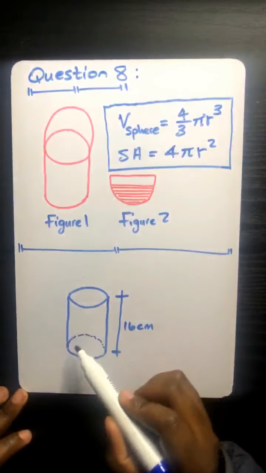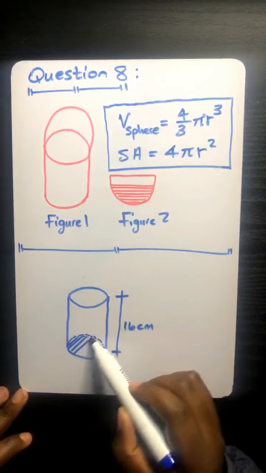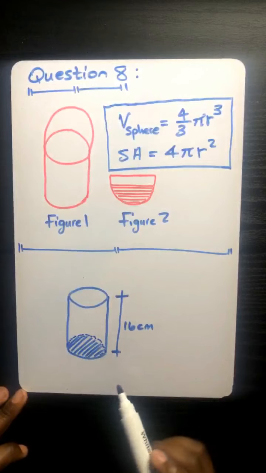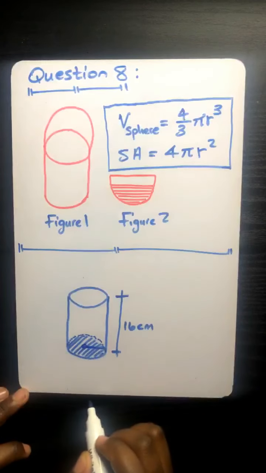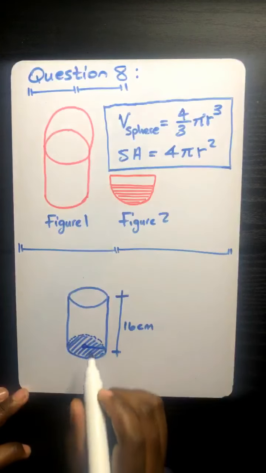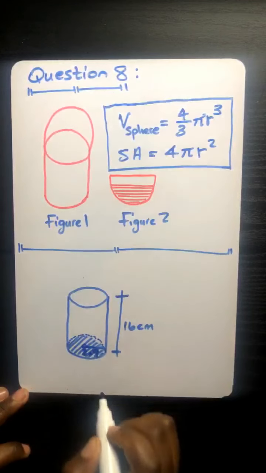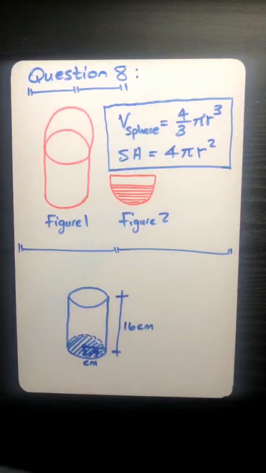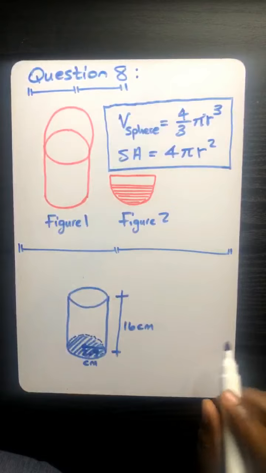So let's actually try to shade that base. So it's more like now it's a cup, a type of a thing. So we are given the radius of that base, and the radius is 2.9 centimeters. I hope you guys are now able to visualize that diagram.